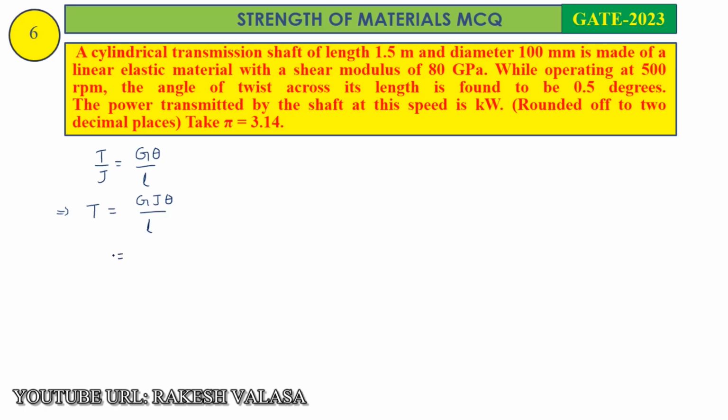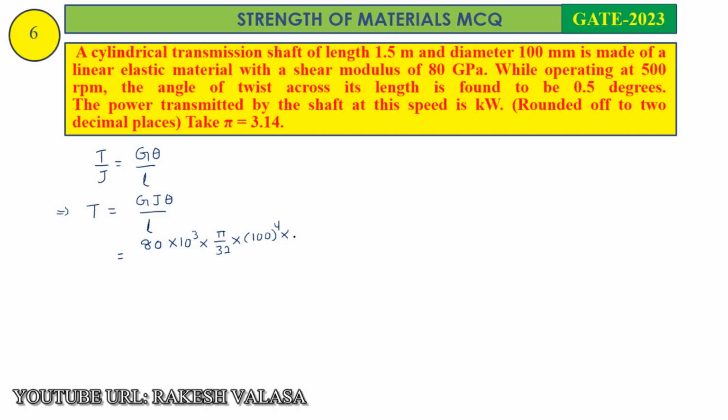Here G means shear modulus, that is 80 into 10 power 3, into the polar moment of inertia for a solid shaft, pi by 32 into d power 4. D means 100 mm.